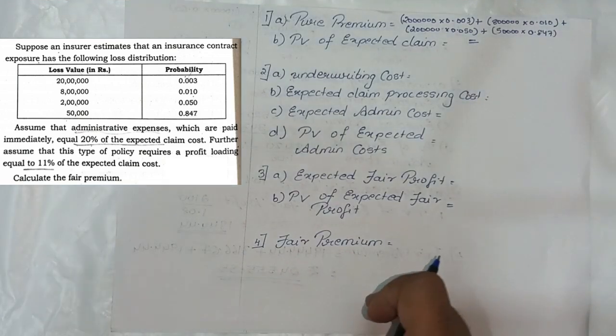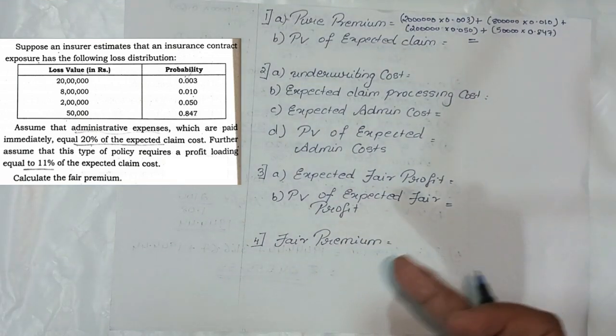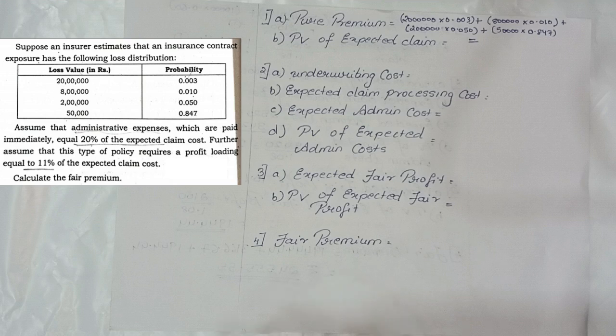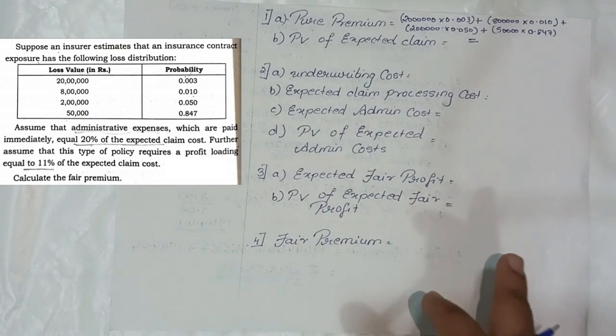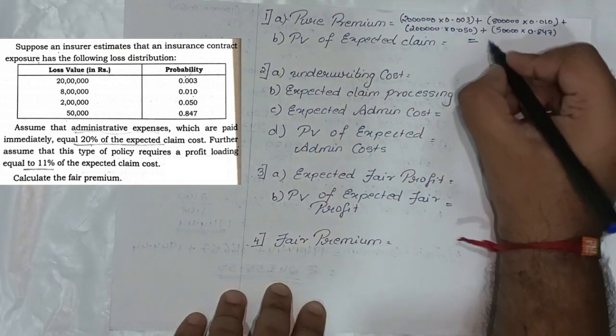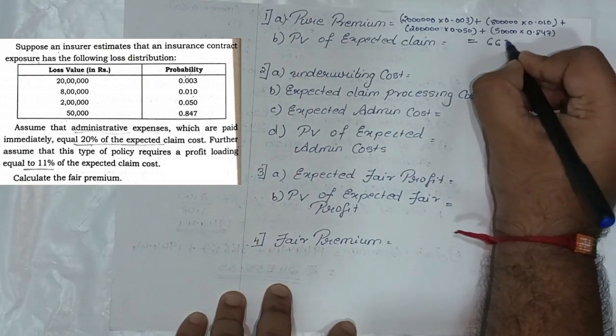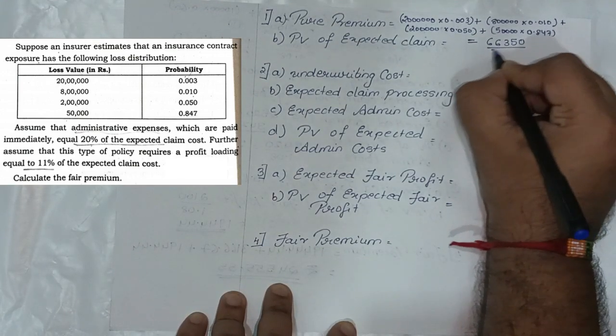There was no 0 in this, so we have to find the value for each and every one. So 0.003 into 20 lakhs plus 0.010 into 8 lakhs plus 2 lakhs into 0.05 plus 50,000 into 0.847. On the calculator, when you solve the values, the answer that you should get is 66,350.